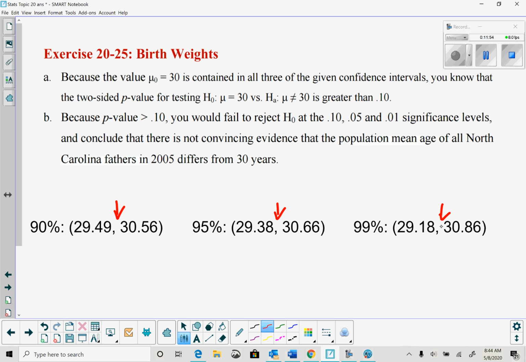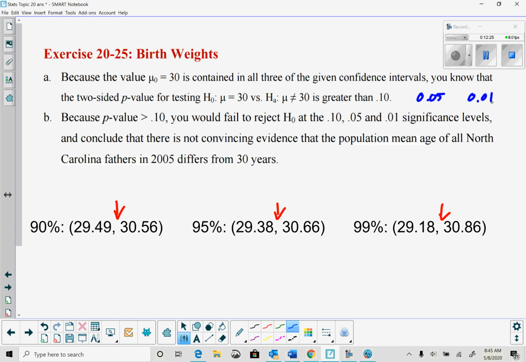Now again, it's really not all that clear, but it doesn't matter if we were to use the 0.05 or the 0.01 significance levels. The 30 is going to be included in each of them there. We would fail to reject the null hypothesis in every single case for every single one of those confidence intervals.